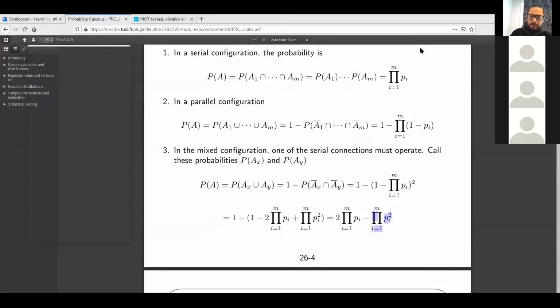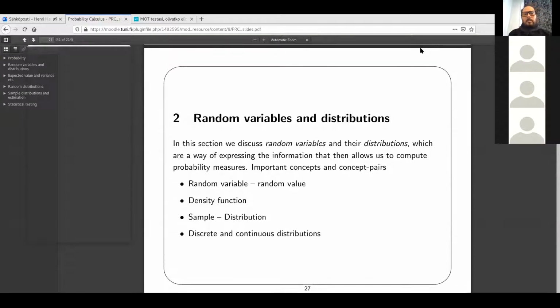All right. So we're going to start to talk about random variables and distributions. A random phenomenon, what we mean by distribution depends on how we look at it.